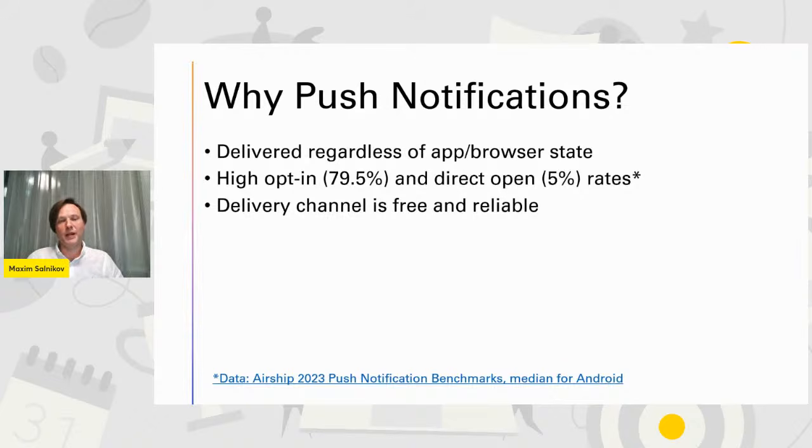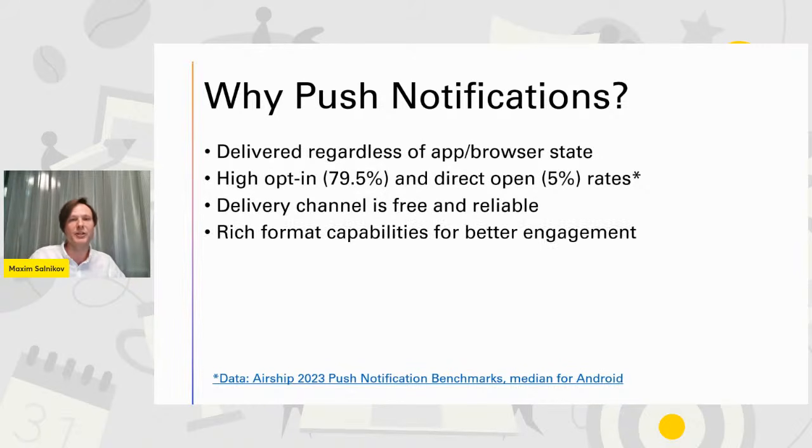I mean, you pay nothing for delivery, 1 notification, 10 notifications, 100, 100,000, millions. You only pay for your backend infrastructure that is sending calls to send the notifications, right? But the delivery channel itself is completely free and quite reliable. But we'll focus on all these components a bit later.